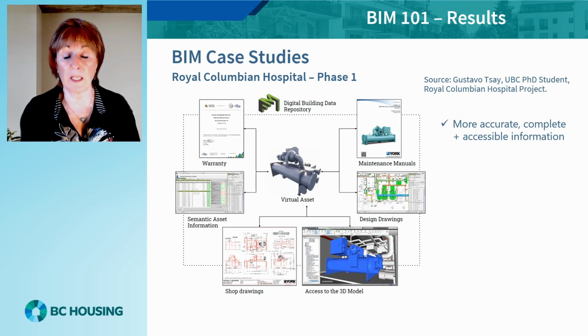Gustavo, a UBC PhD student, undertook a study and comparison with other projects and determined that 6 times more information was provided and that it was more accurate, complete, and accessible. In addition, the installed assets could be reached for maintenance and replacement. The required asset types and the installed asset parameters were defined in the BIM requirements, and QA/QC could be undertaken to ensure that all required information had been provided.